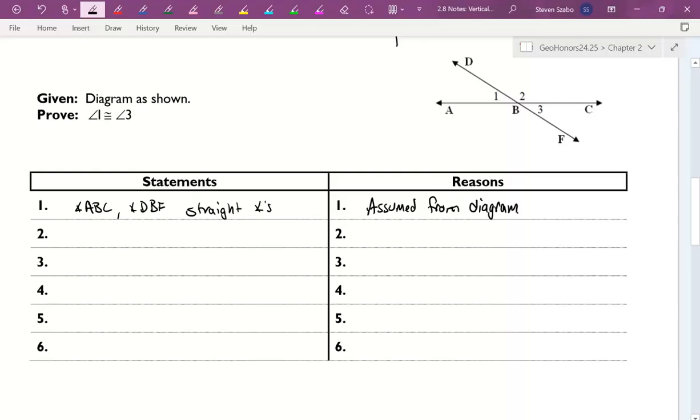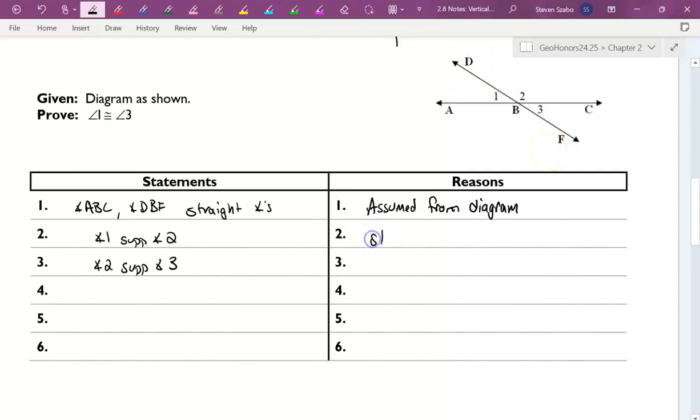At this point, we can say that they're congruent, we could say other things, but I'm going to go the route of supplementary. Because we have straight angles, that implies angle 1 is supplementary to angle 2, and that's because angle ABC is a straight angle. I'm also going to conclude that angle 2 is supplementary to angle 3, and that's because angle DBF is a straight angle.